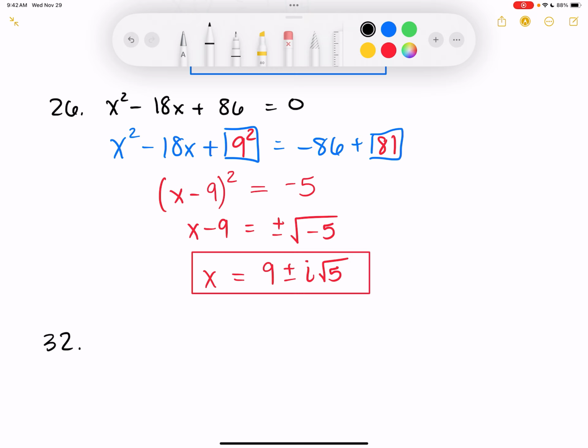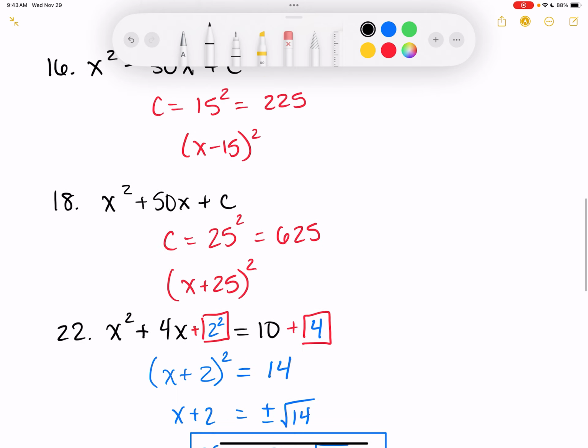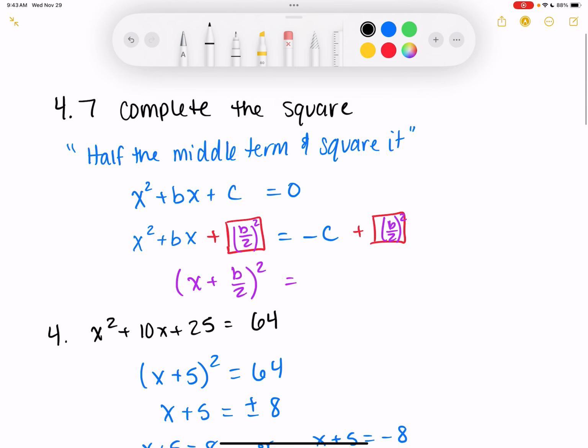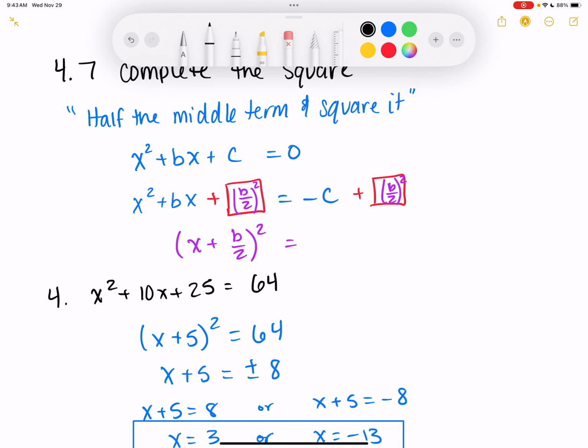32. 7t squared plus 28t plus 56 equals 0. What I didn't mention, but maybe you noticed at the beginning when I was talking about completing the square, when I gave you the general form of it, what number is in front of x squared?